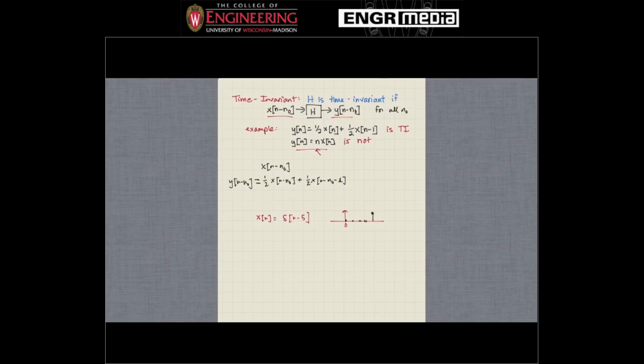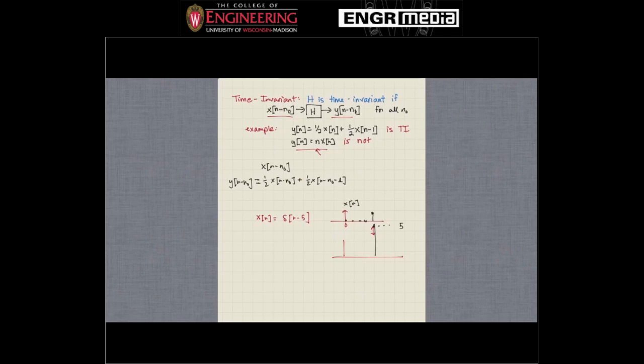But now at time n equals 5, it scales this input. So here's x of n. The output is going to be another signal. It's going to have 5 times the amplitude at that value. Oops, drew it in the wrong spot. Okay, so this is going to have a value of 5 now.